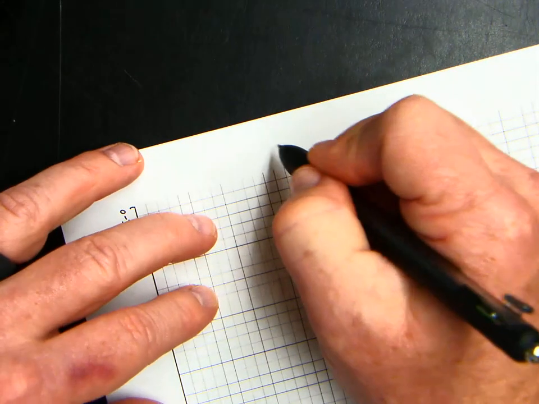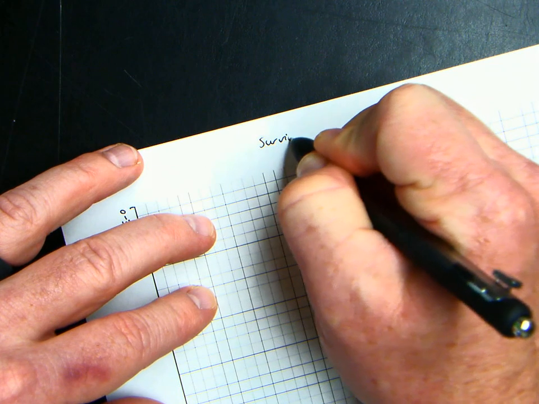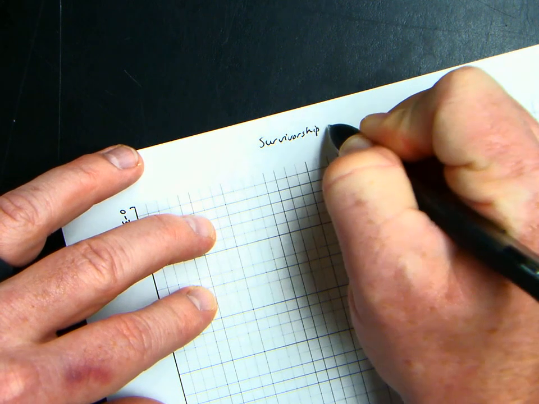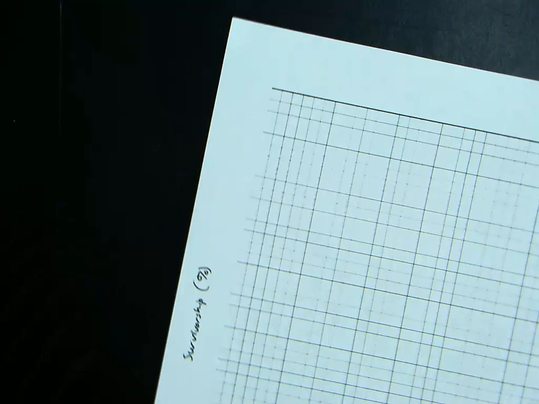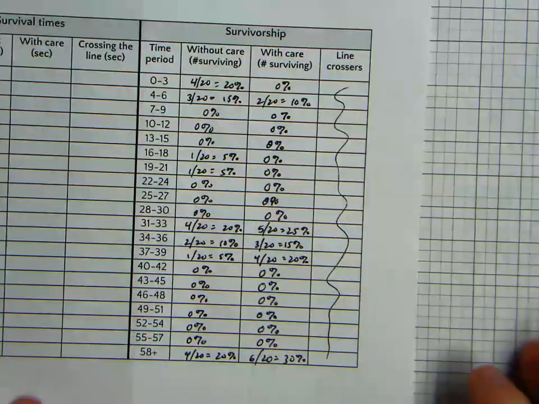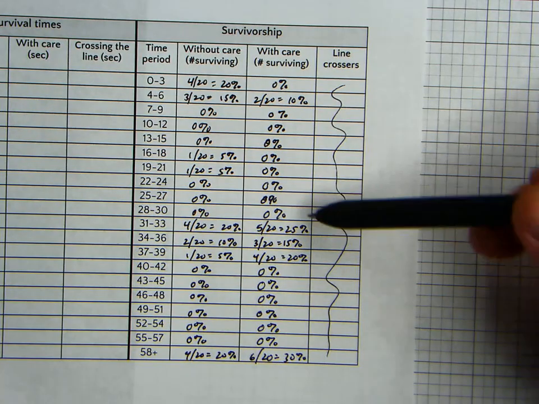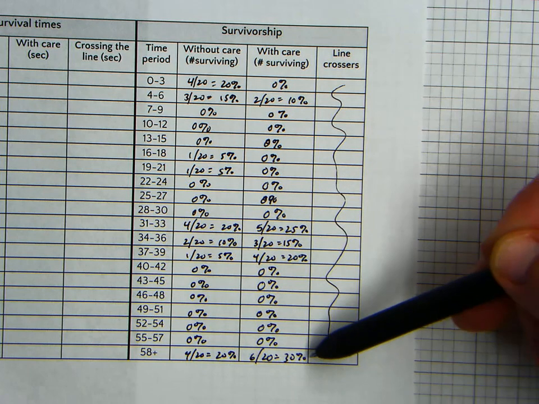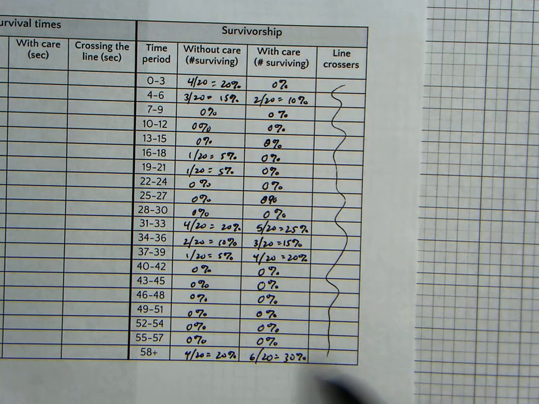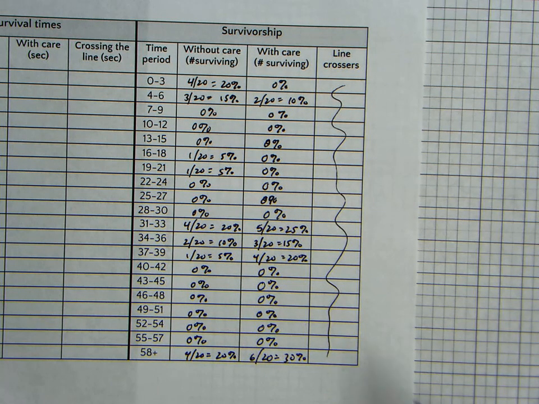Now your y-axis, this is going to be survivorship in percent. All right, now your data might be different than mine. If I put my data up here, you can see the highest I have. What is the highest I have? The highest I have is 30%. So I'm going to make my y-axis go up to 35%, so that way my data doesn't go all the way to the top.